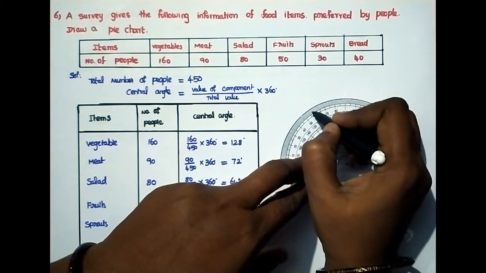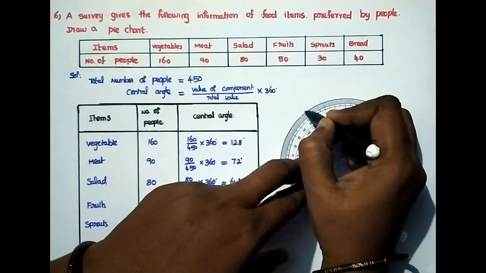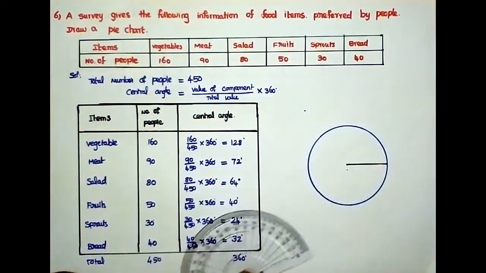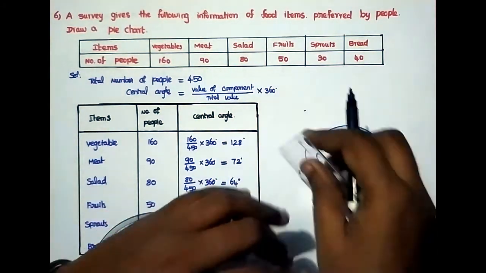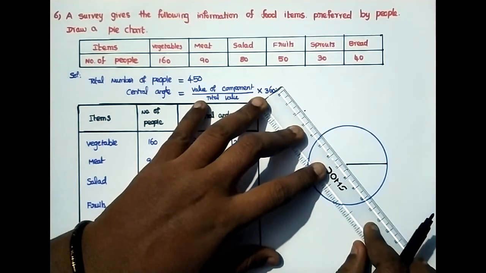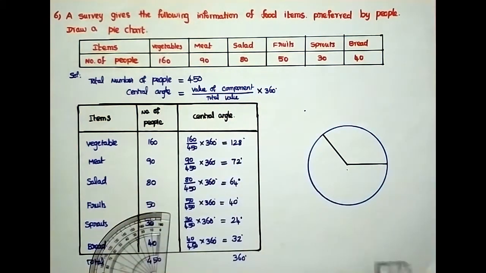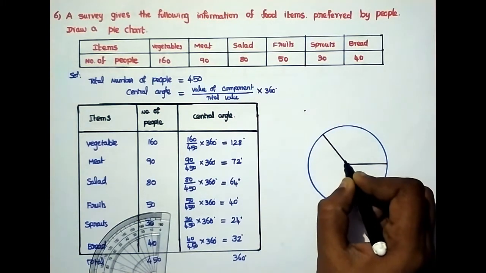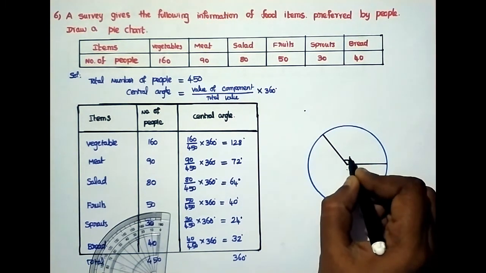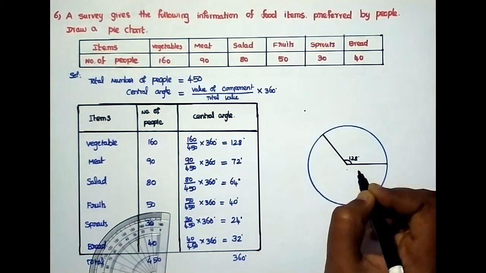From that, 8 more points, we have to draw the line. So that is 128 degree.